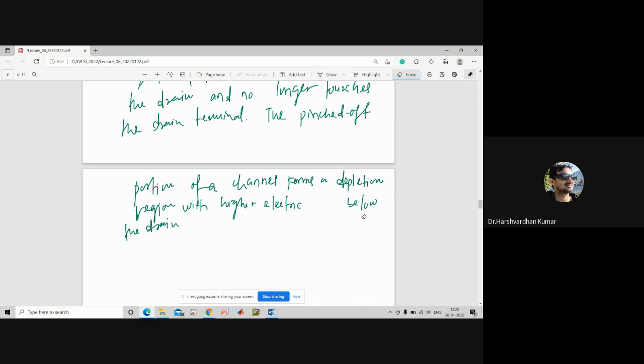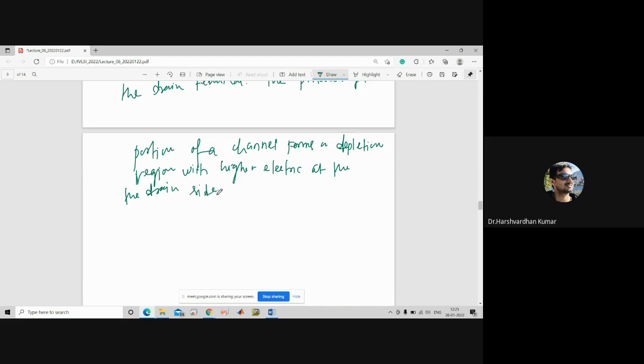Electric field at the drain side. Right? So what will happen?